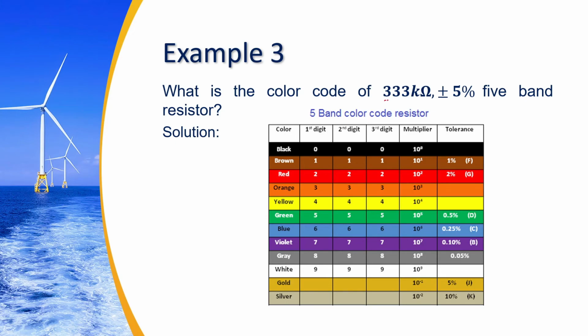Okay? So, pansin natin to, kunin natin itong 333. So, meron tayong tatlong 3. So, nasa orange siya, di ba? So, yung K natin is just 10 raised to 3. Tama? So, ibig sabihin, dito pa rin siya papasok.